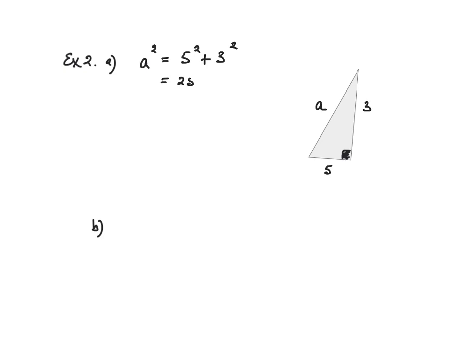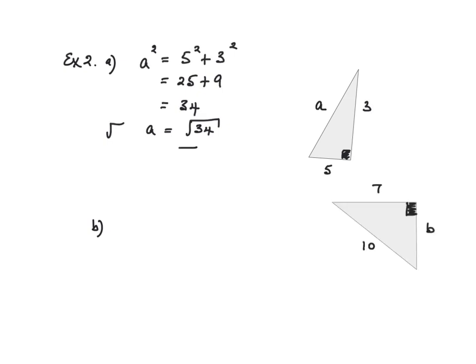That's 25 plus 3 squared is 9, 25 and 9 is 34. And the last thing we do is take the square root. So a equals the square root of 34. Now, if you look at the list of square numbers, 34 is not on that, so we cannot simplify the 34. And this answer then is a surd.